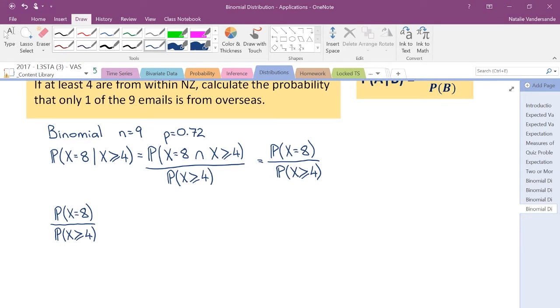What I notice about the probability that x is at least 4 is that I don't know the upper limit, so I'm going to have to write a reverse statement for this so I can use my calculator to find out what I need. So now I have both probabilities in a format that I can use in the calculator.